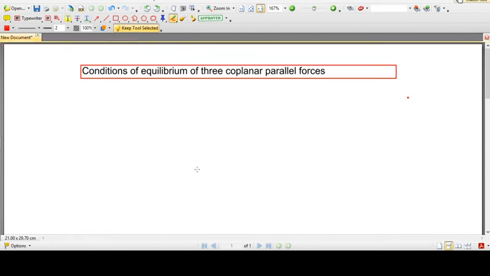In this video, we are going to discuss the conditions of equilibrium of three coplanar parallel forces. What are the conditions?